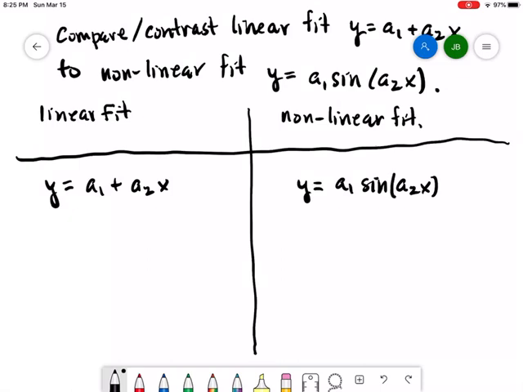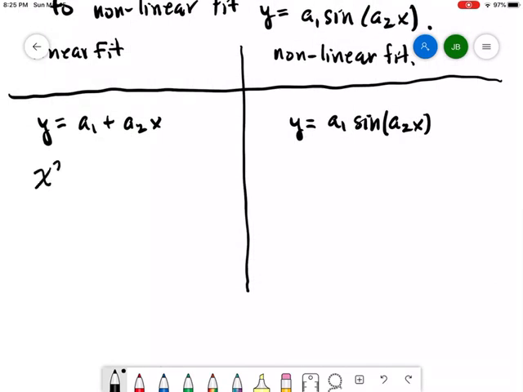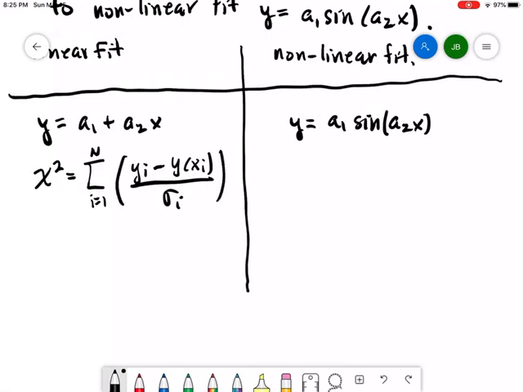All right, so if we think back to how we did our linear fits, the first thing we did is we wrote down chi-squared. So chi-squared was the sum of i equals 1 to n. And what we had to do is take the deviation between the measured data point and the calculated value based on the fit function. We divided that by the uncertainty. And so in some sense, the sum is weighted by the size of the uncertainty. And the whole thing was squared.